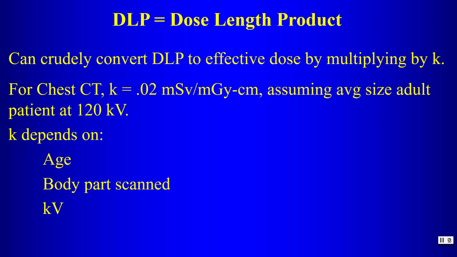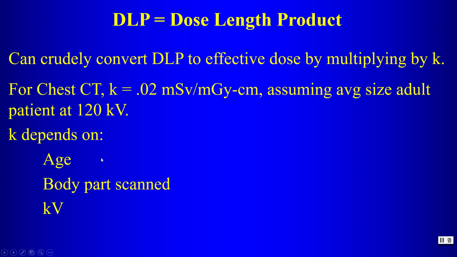So if we multiply the DLP by this multiplying factor called K, which varies depending on the part of the body that you're scanning, it does give you some indication of what these doses might be in your various protocols. So for chest CT, K equals 0.02 millisieverts per milligray centimeter, and that's assuming an average size adult patient, and it assumes we're scanning at 120 kV.